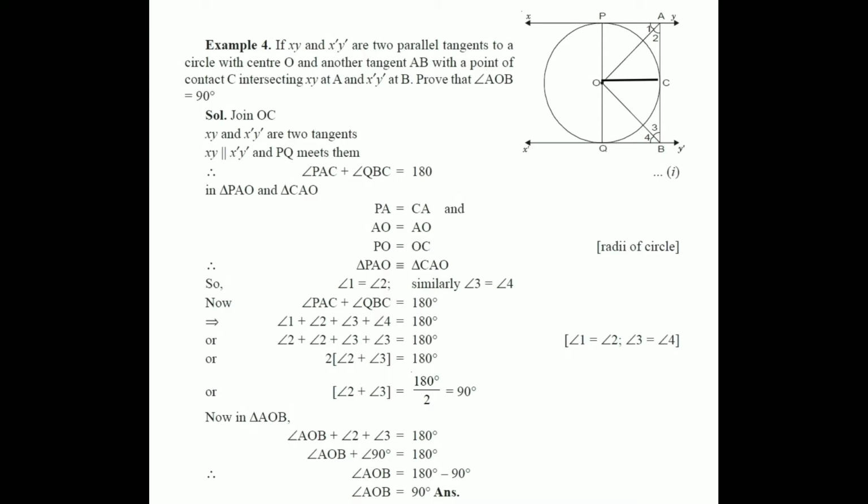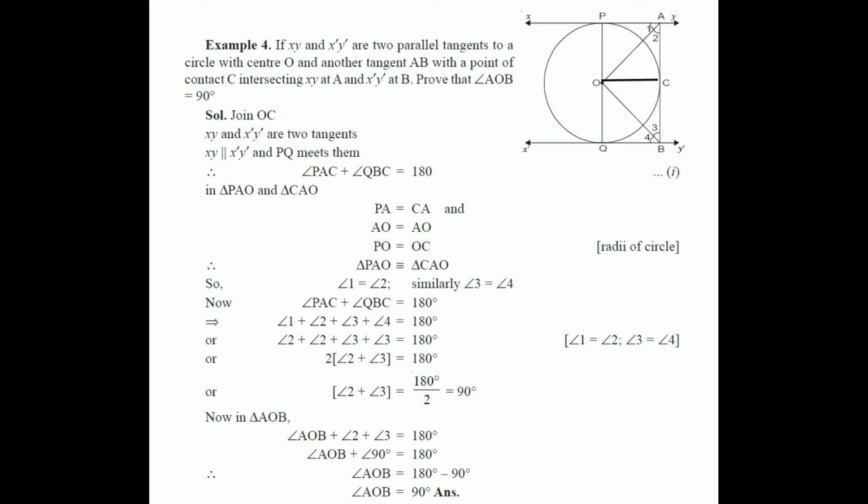Here two lines XY and X'Y' are parallel, and the intersecting line we are taking as AB. So the sum of angle PAC and angle QBC is equal to 180 degrees by the parallelism.